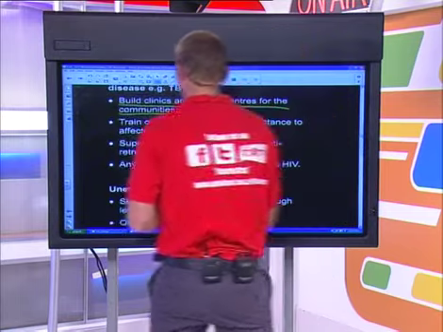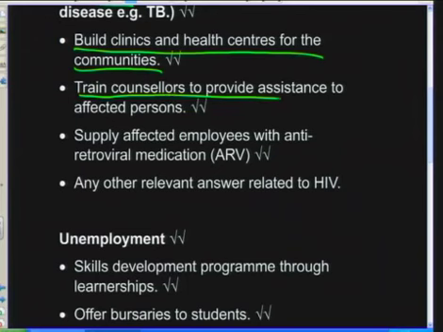The next thing that we could do is train counselors to provide assistance to affected persons, supply affected employees with antiretroviral medication, right? A lot of businesses will get tax rebates because they supply the local communities that they work in with counselors to help try and prevent HIV AIDS.